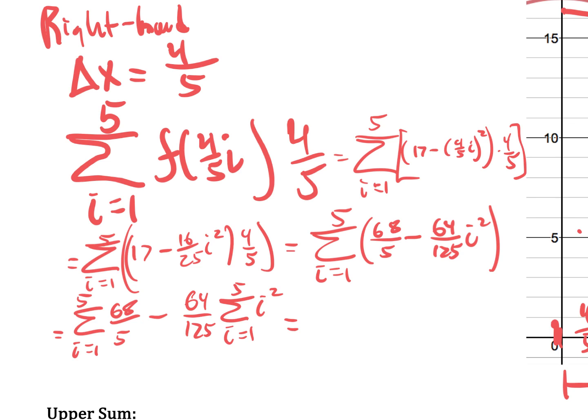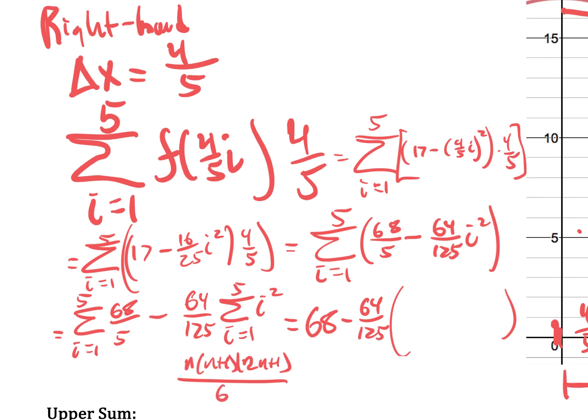Okay, well this, we can use our constant rule. So we have our constant times 5, in this case, n. And well, that's easy. 5 times 68/5 is 68. Then we have minus 64/125 times, now our i squared formula, remember the sum of i squared was n times n plus 1 times 2n plus 1, all over 6.